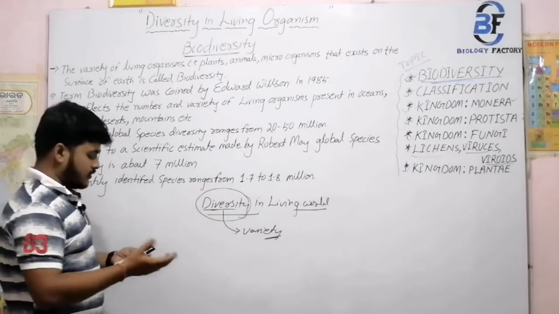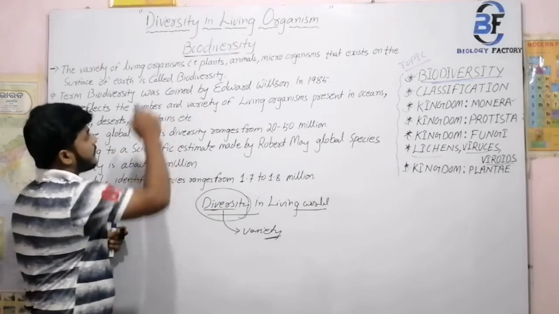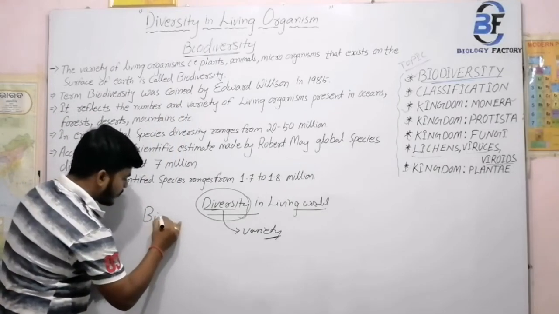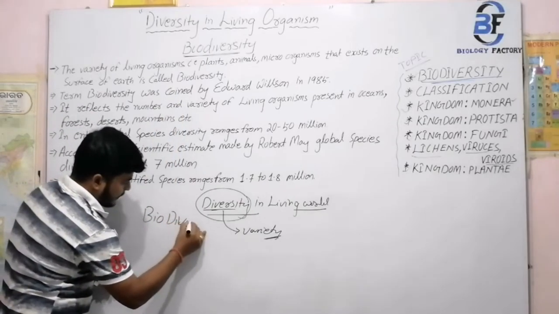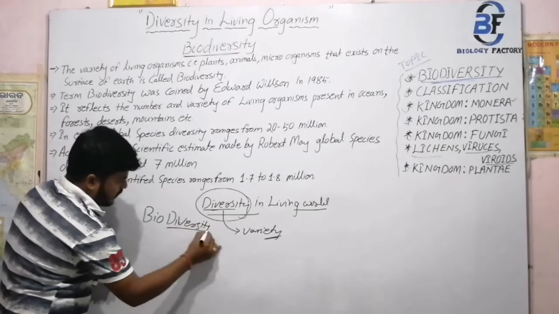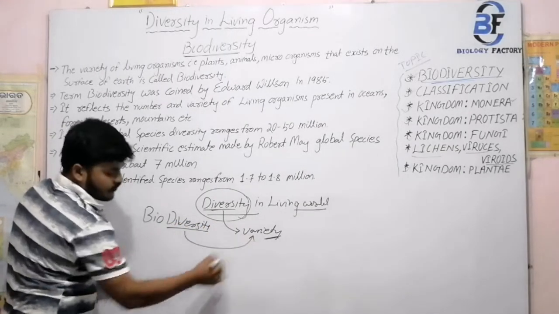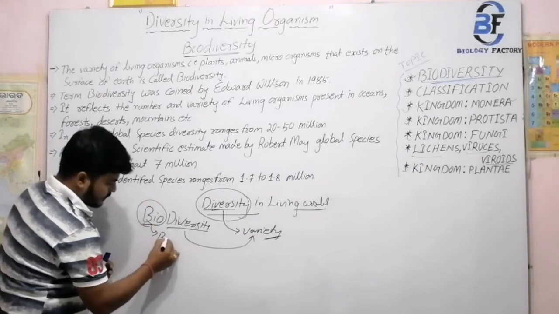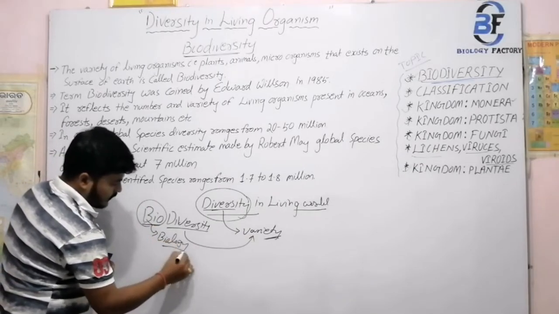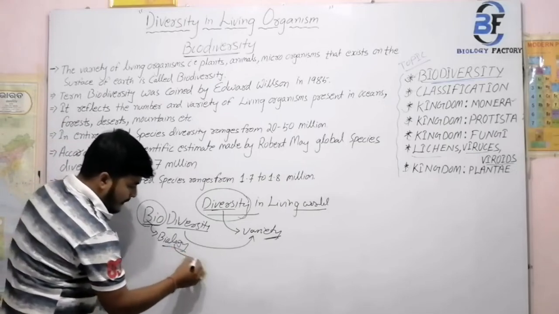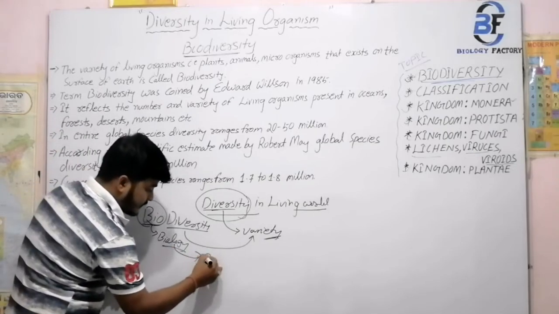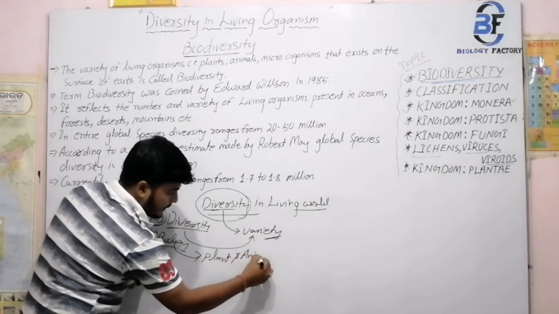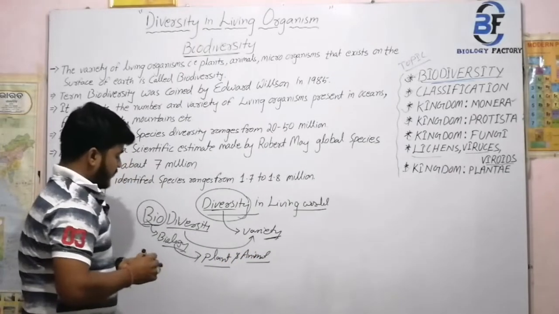Next, the chapters. Your very first chapter is biodiversity. What is biodiversity? We know that diversity means variety. Bio means biology, and biology includes two things: plants and animals.